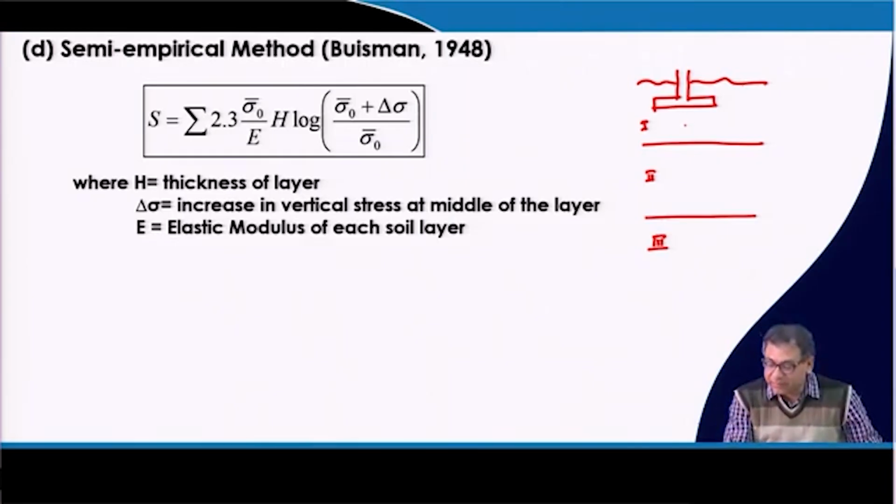That means we have to take a point in the middle of each layer from the base of the foundation up to the influence zone. As I mentioned, the influence zone for settlement calculation is 2 times the width of the footing.